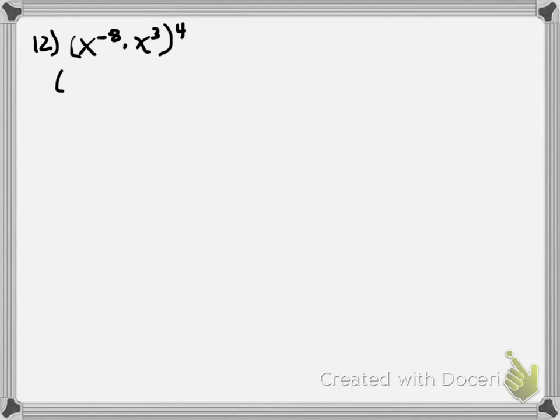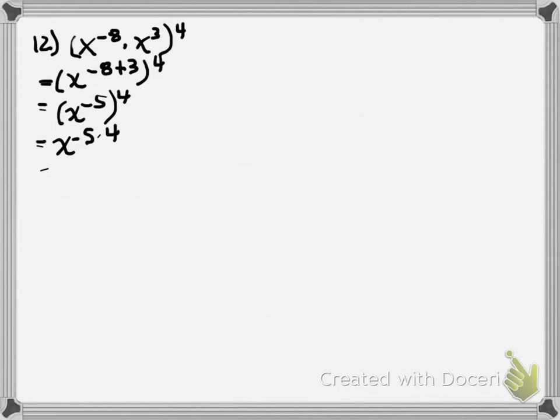So again, when I'm multiplying monomials and the bases are the same, I add the exponents, and that gives me a negative 5 on the x, and then I want to raise it to the 4th power. Then I'm going to multiply the exponents, because that's what you do when you raise a power to a power, and you get a negative 20 on the x, which basically says the base needs to move into the other location, which would be the denominator, and then it becomes positive.